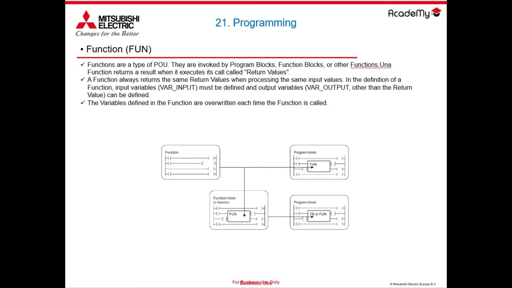So, for example, for a function, it makes no sense to hypothesize writing a function within which there is a state machine, because there would be no way to keep track of the state maintained in the previous PLC cycle.